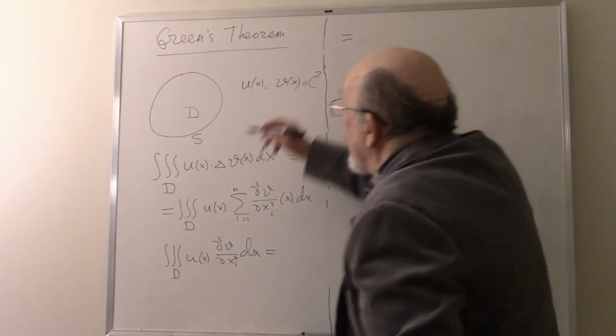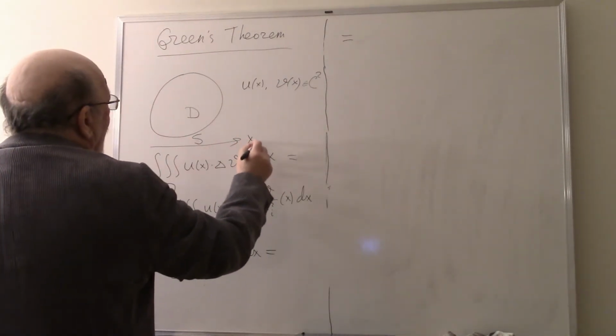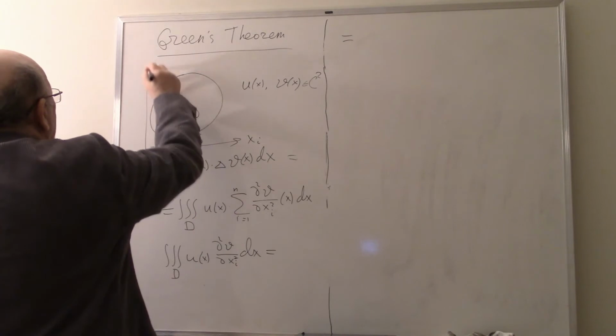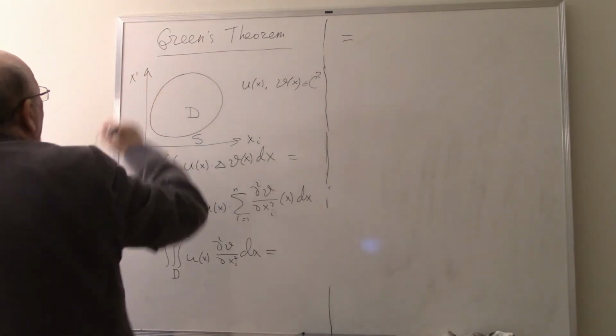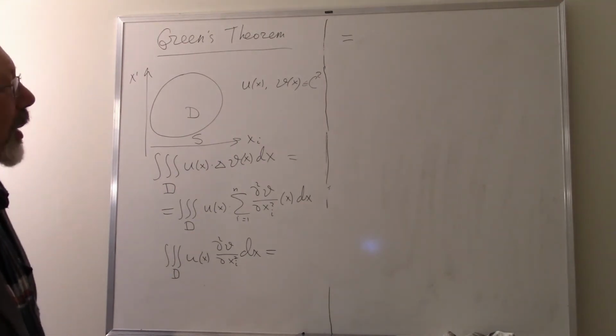We can transform it in the following way. Again, we consider the xi axis, and all other axes I together denote by x prime.